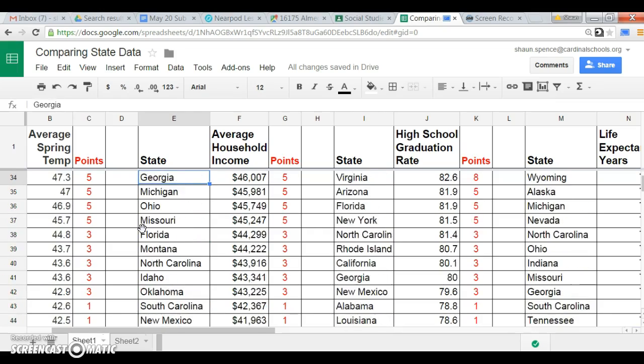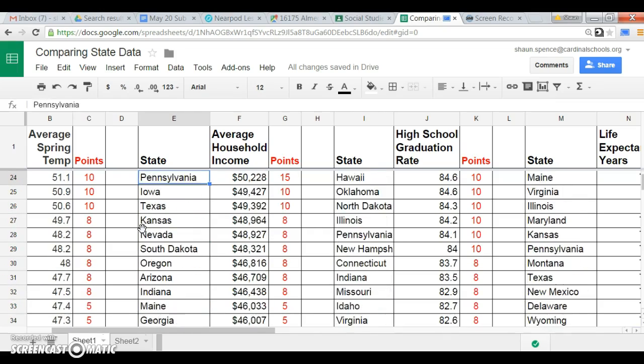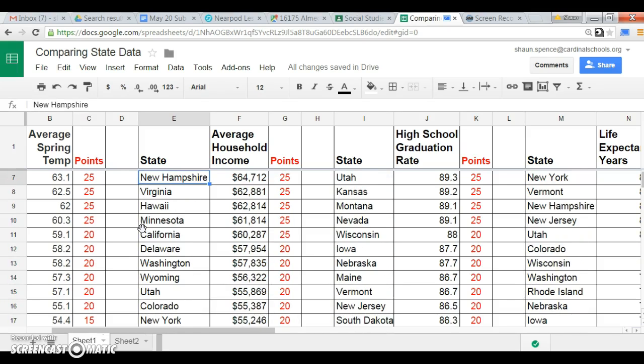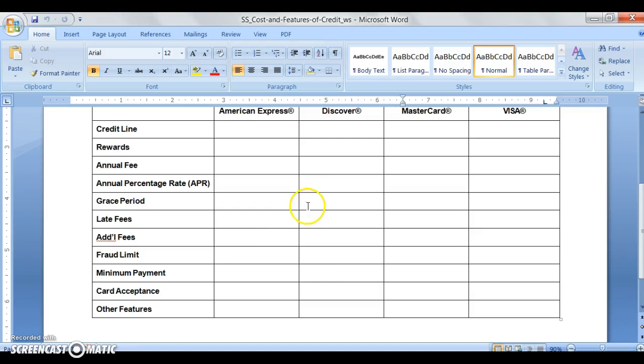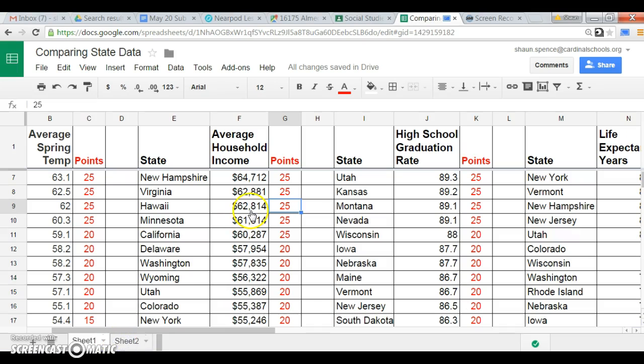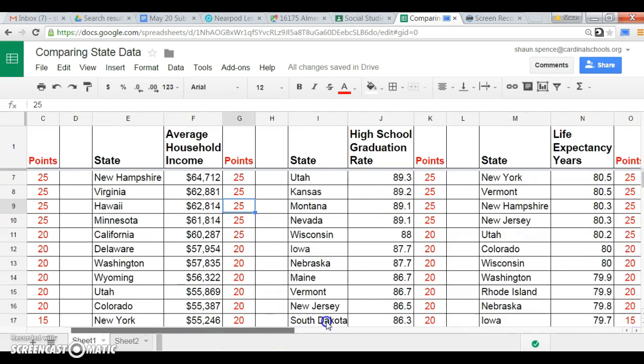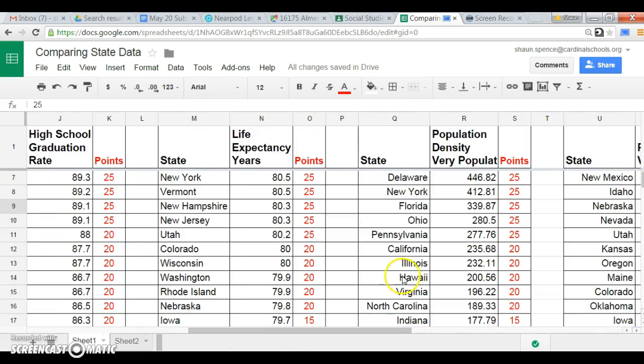Missed it. Well, they are 25 points. And then for population density, I prefer the very populated. They are a 20.